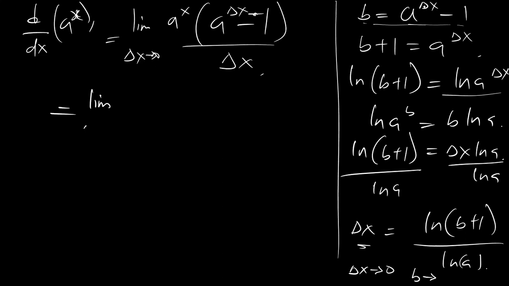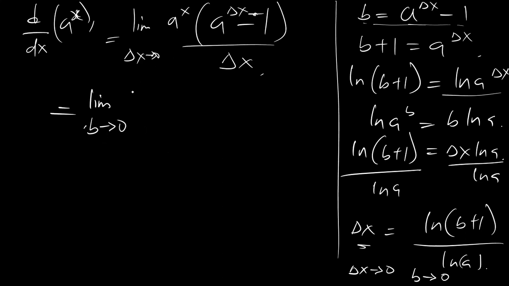If delta x tends to 0 here, anything raised to 0 is 1, 1 minus 1 is 0, so b will tend towards 0. So I'm changing the variable from delta x to b. As delta x tends to 0, b tends towards 0.